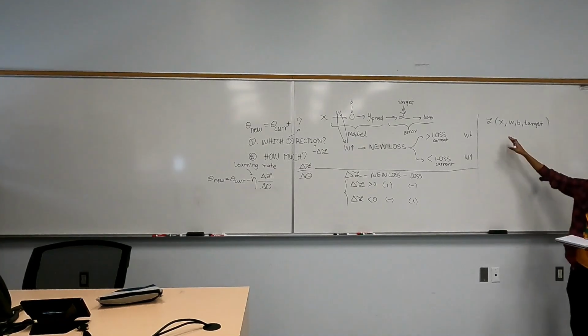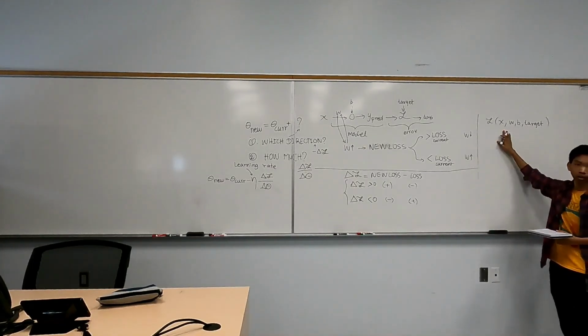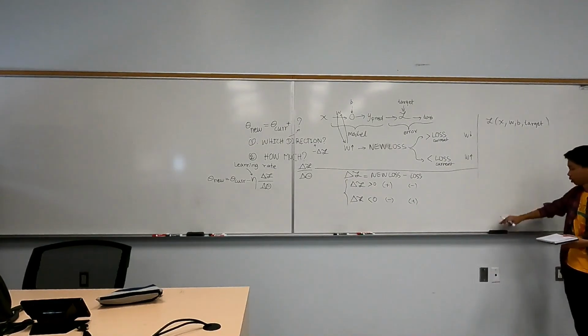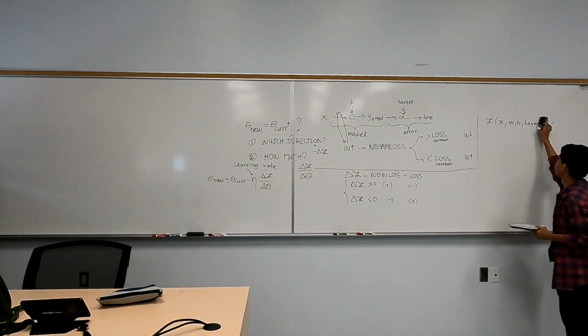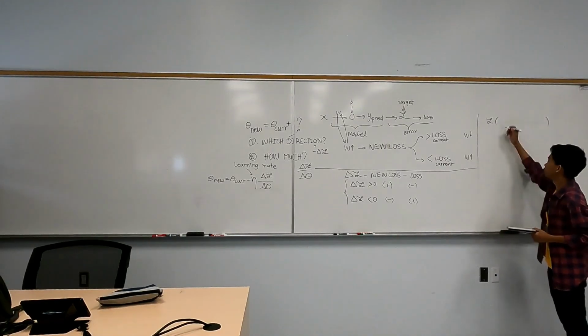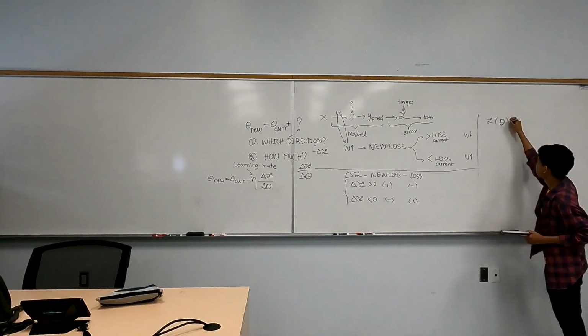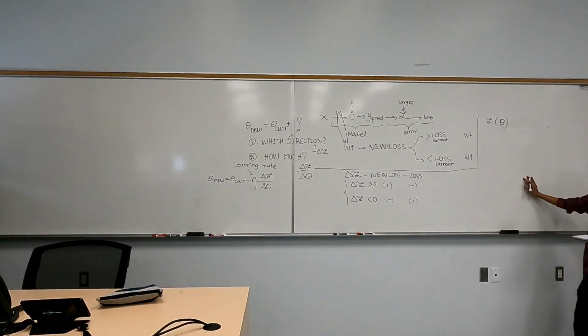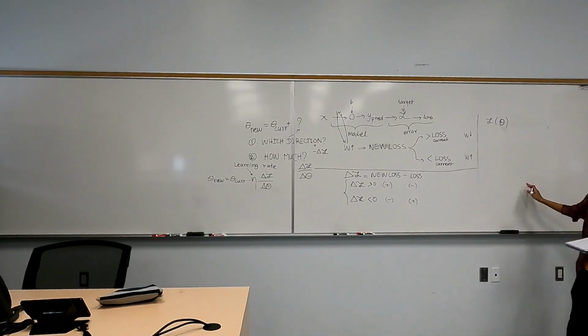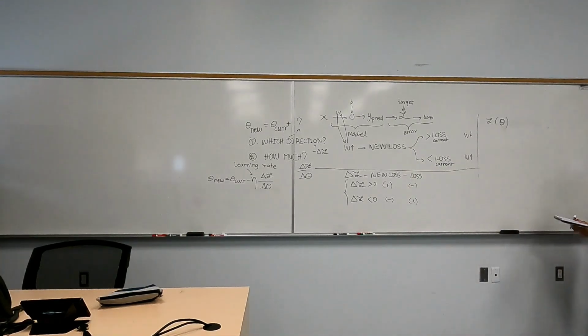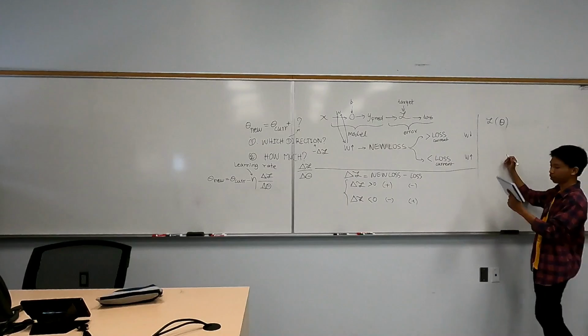So if you break it down, it's just a big function of everything. Since we're only concerned about the parameter, your loss is a function of your parameter. You change your parameter, your loss will change.